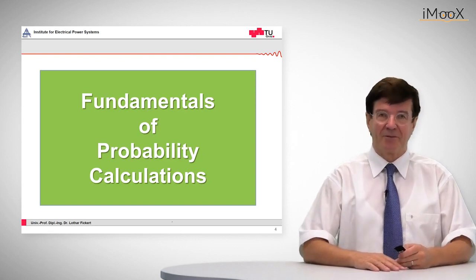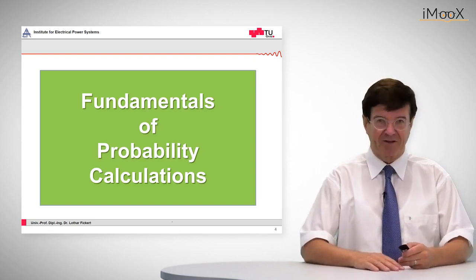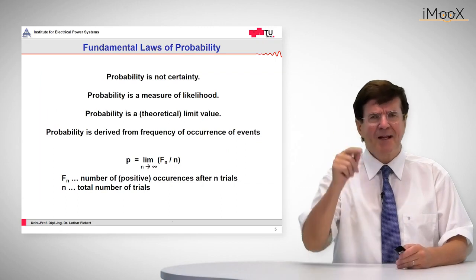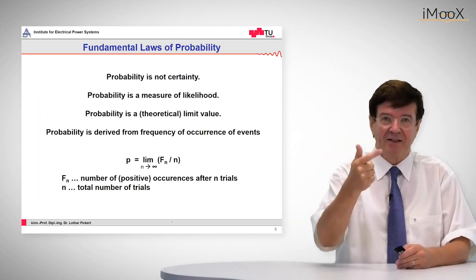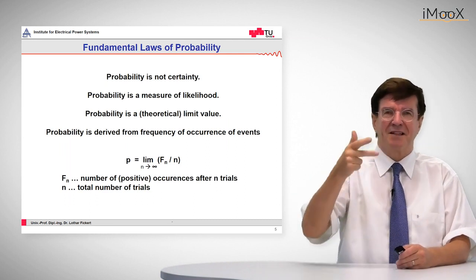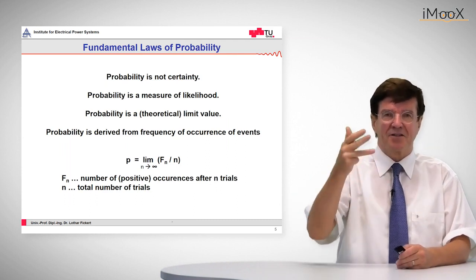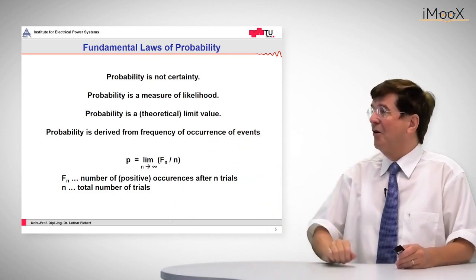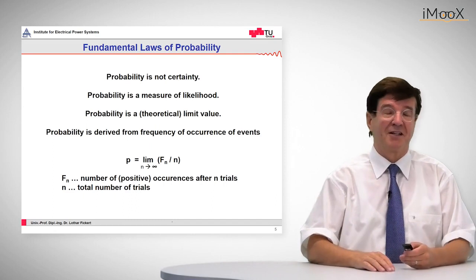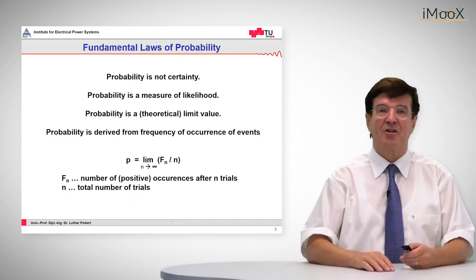First, let's start with the fundamentals of probability calculations. It must be kept in mind that probability is not certainty, it is a measure of likelihood, a theoretical limit value, and it is given, according to this law, by the limit of the frequency of an occurrence divided by the total events that are observed.